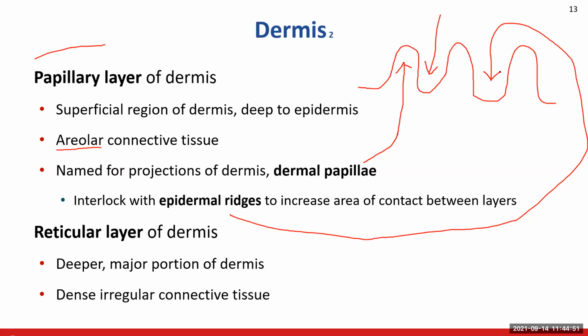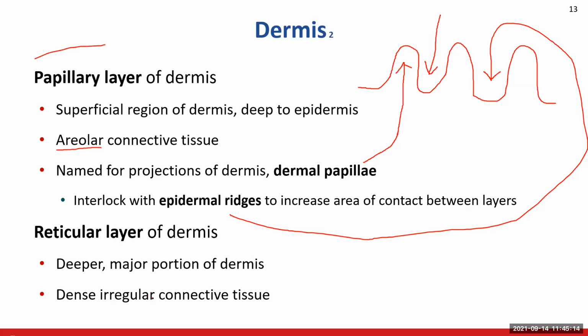And so they create this interlocking mechanism between these two layers. And because of that interlocking mechanism, all right, that's how we generate fingerprints. Okay, we call those friction ridges, essentially fingerprints though. Then our deeper layer is going to be the reticular layer, all right?